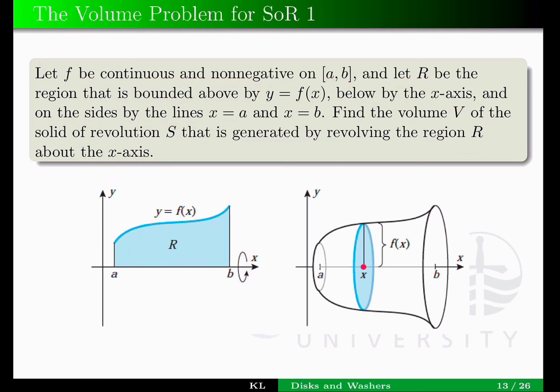Now, in order to derive the formula, we start by getting a rectangular strip. If we revolve this about the x-axis, of course, this rectangular strip will create this particular slab.